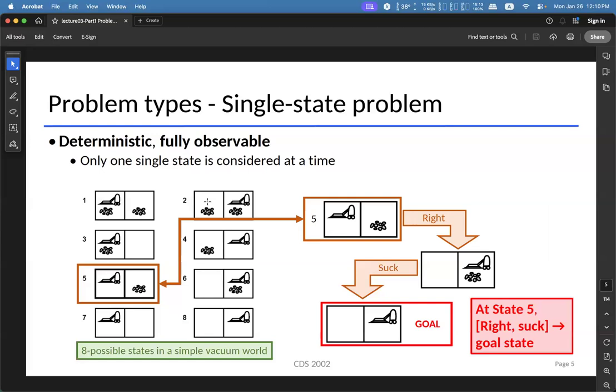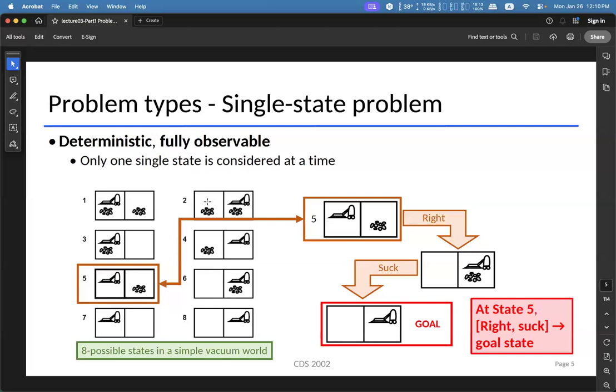Because of the nature of a fully observable environment, we have total vision of what is happening in the environment.